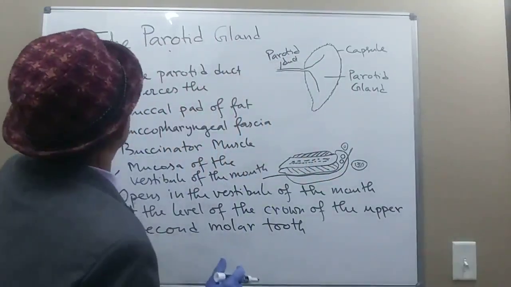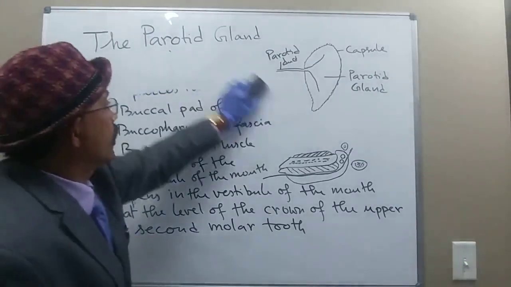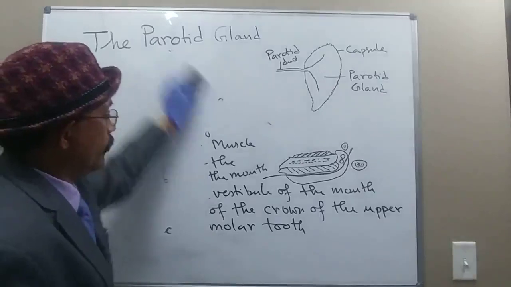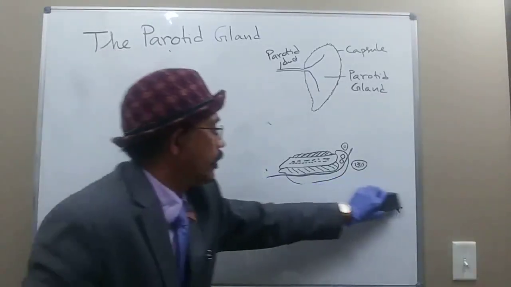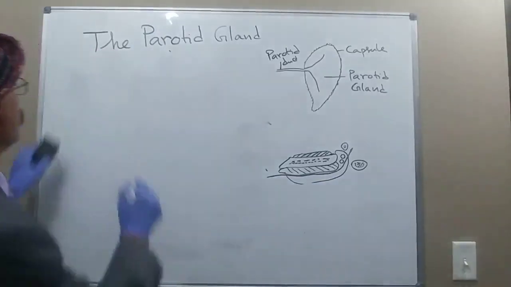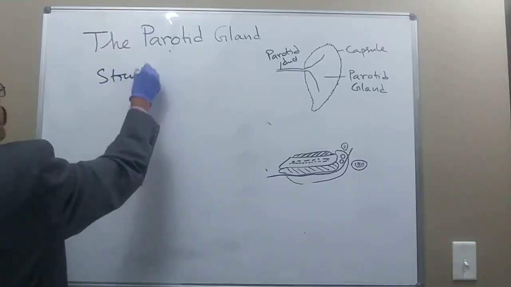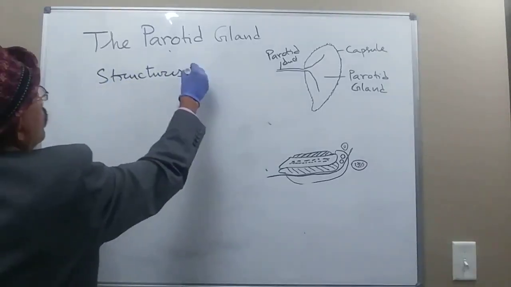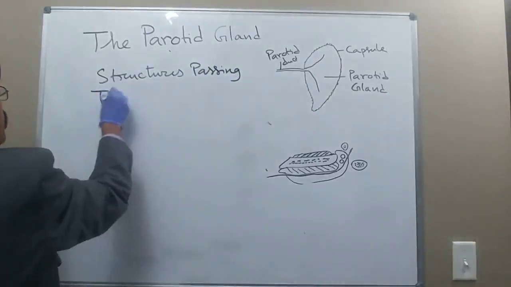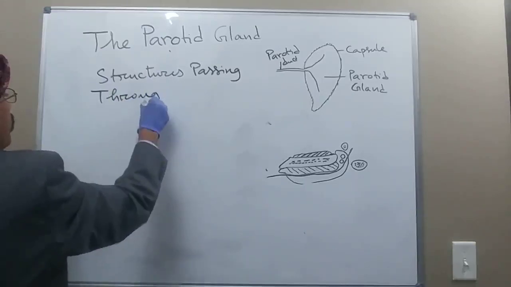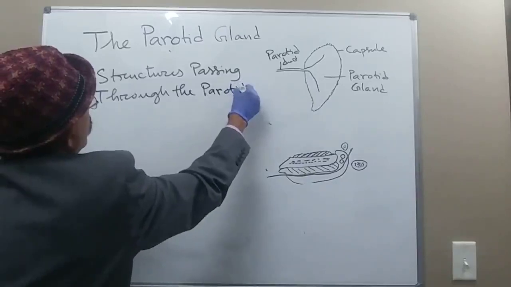Now we'll go to the structures passing through the parotid gland. What are the structures that pass through the parotid gland?